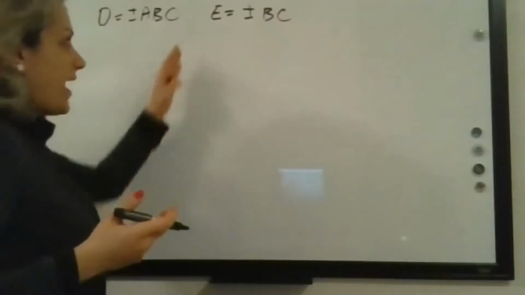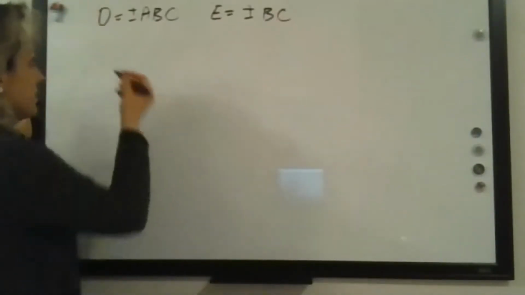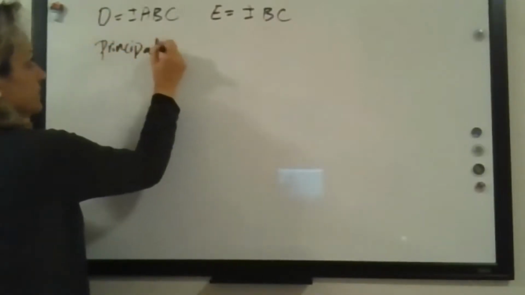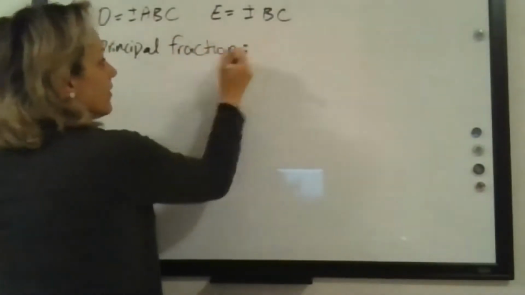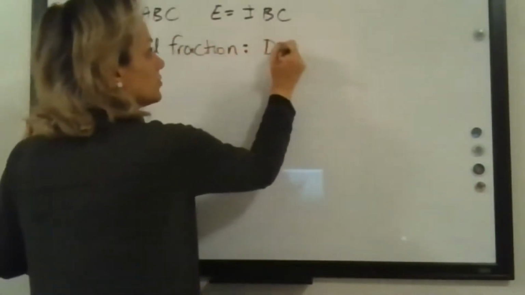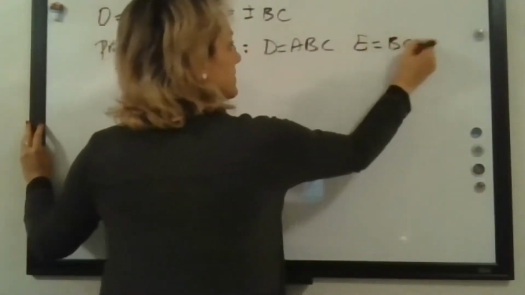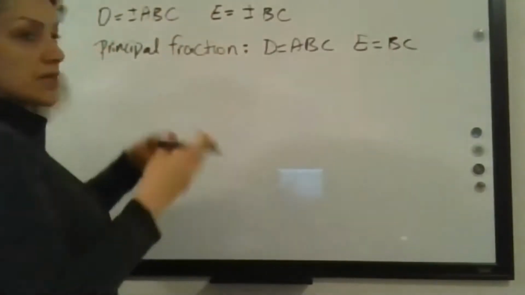Okay, now I have this one, the main one, the principal fraction here. So I would say D is equal to ABC and E is equal to BC. Then for the 3 other fractions that I'm looking for, I'm just going to mix and match them.